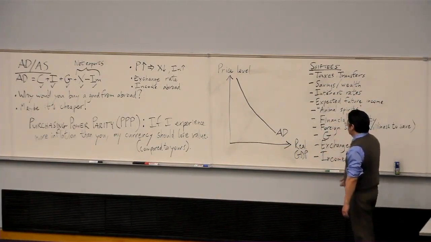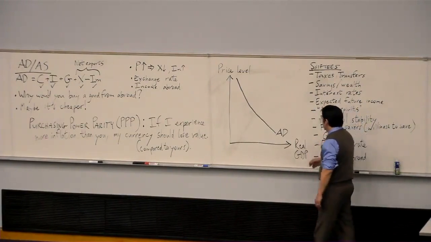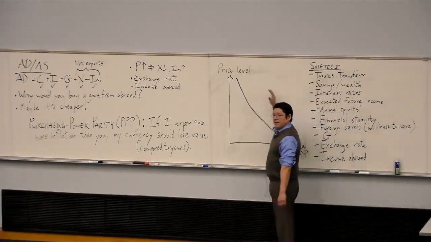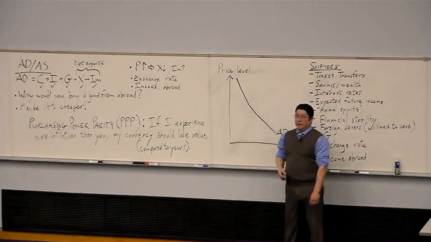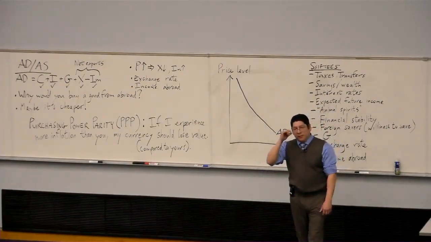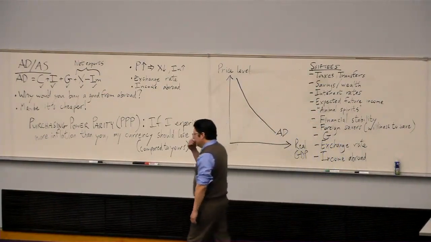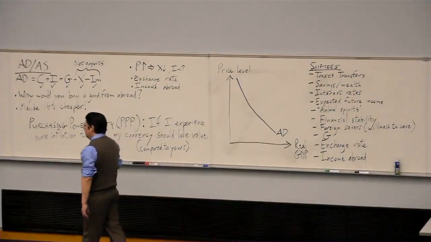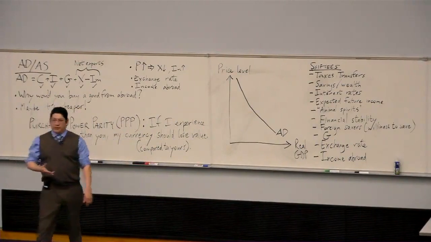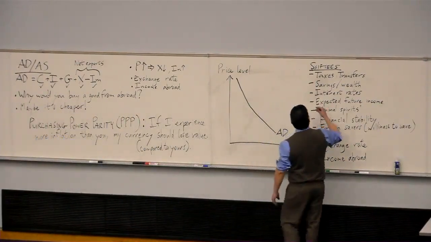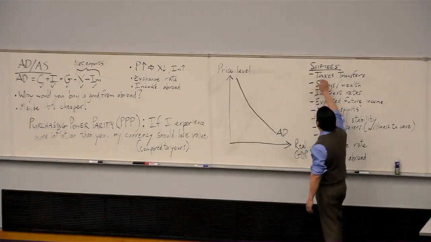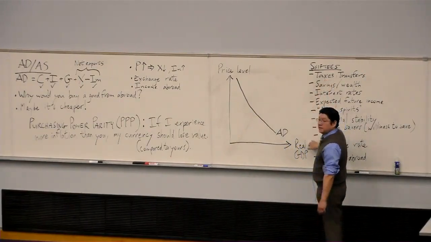And if any of them changes, you'll have aggregate demand moving around, one way or the other. So, that's the way in which macroeconomists tend to think about how the business cycle works. It's precisely that the aggregate demand curve may move significantly if any of these things move significantly.